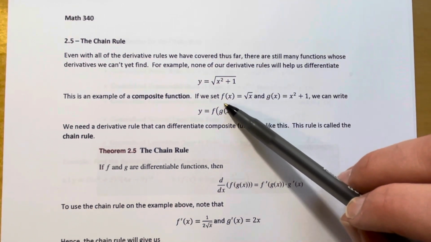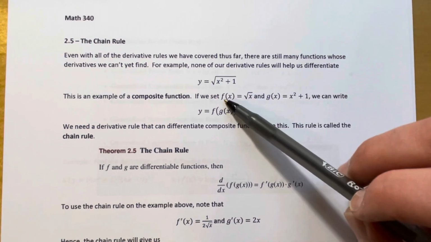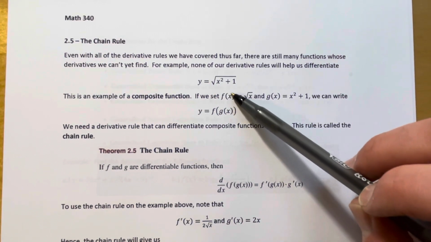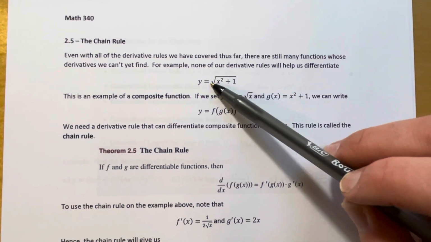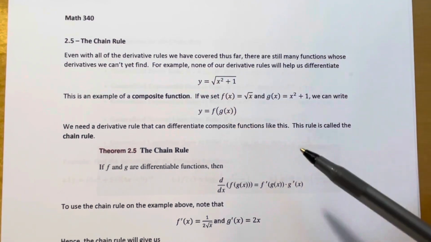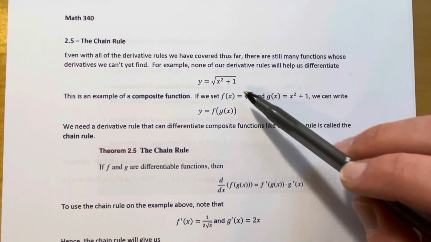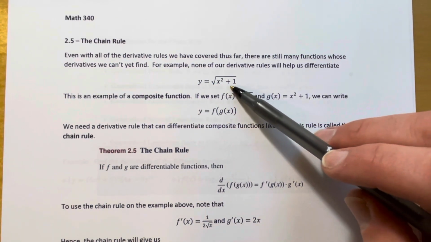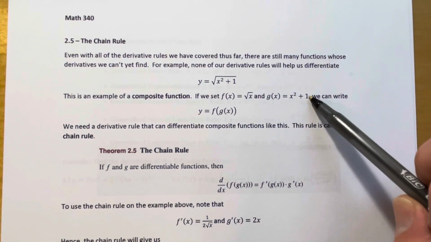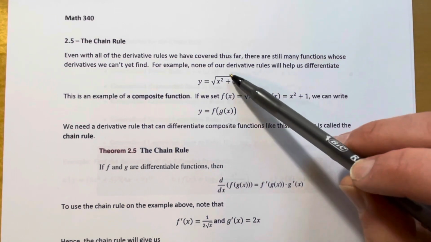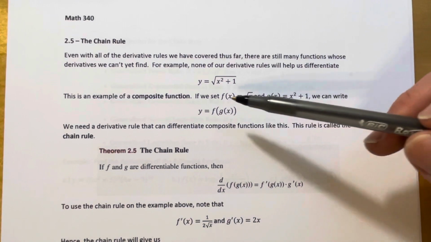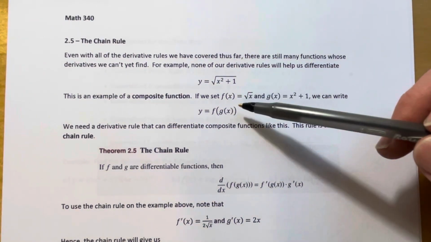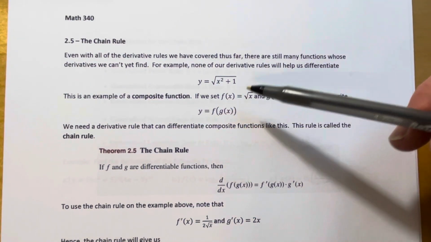Notice that f is kind of like the outside function. f is the thing that takes an input and square roots it. So that's what's happening here. We're square rooting something. g of x represents what I'm going to be calling the inside function. The x squared plus 1 is what we're putting inside that square root to make this function right here. So that means that y has this form to it, f of g of x.